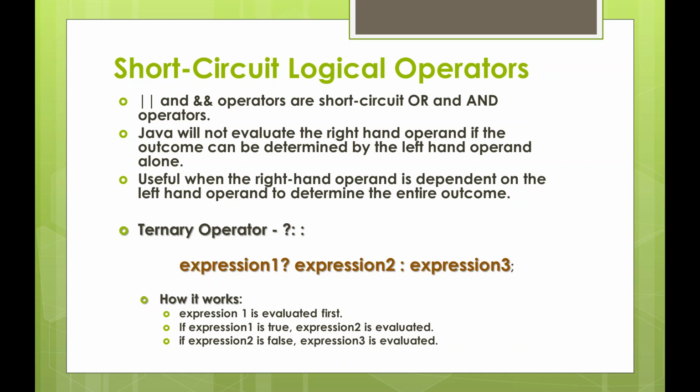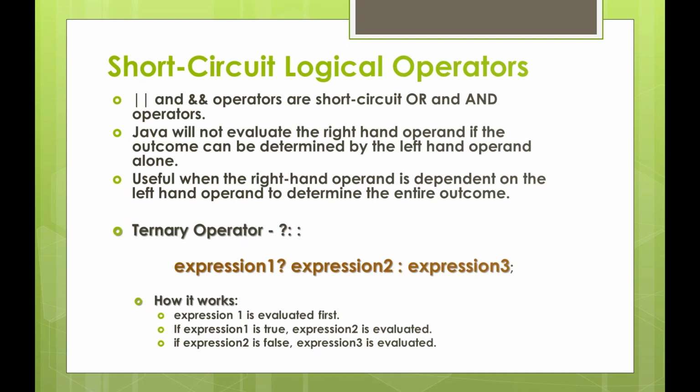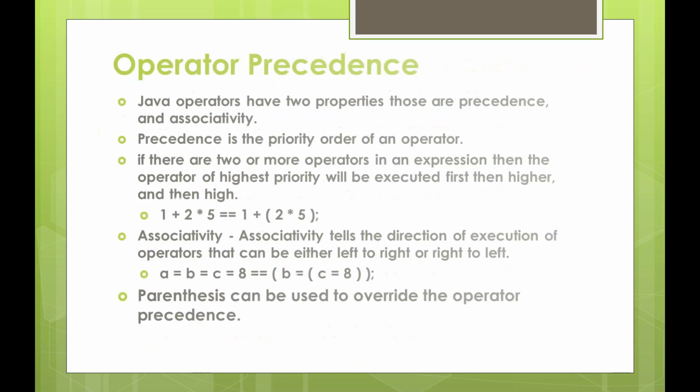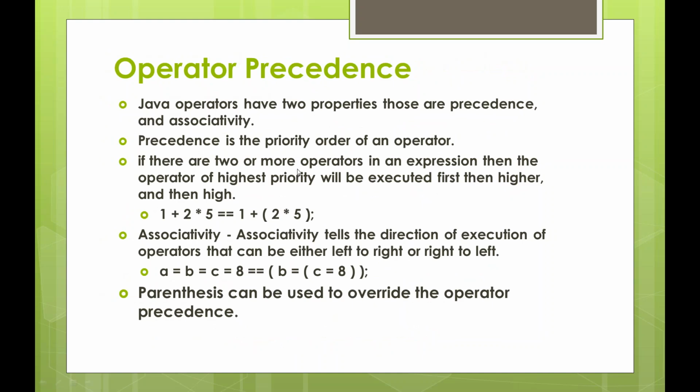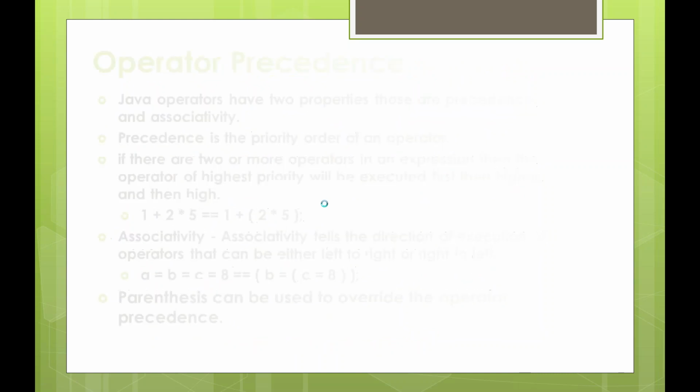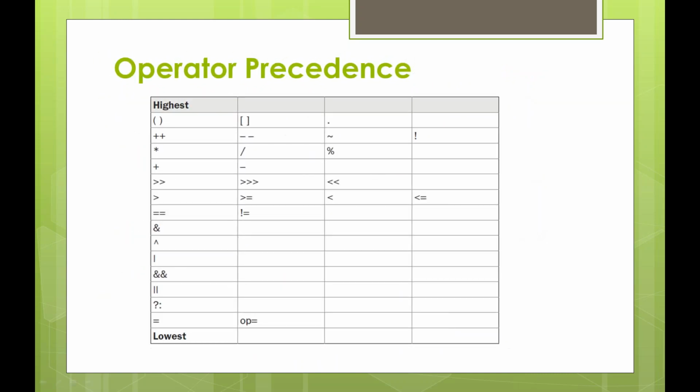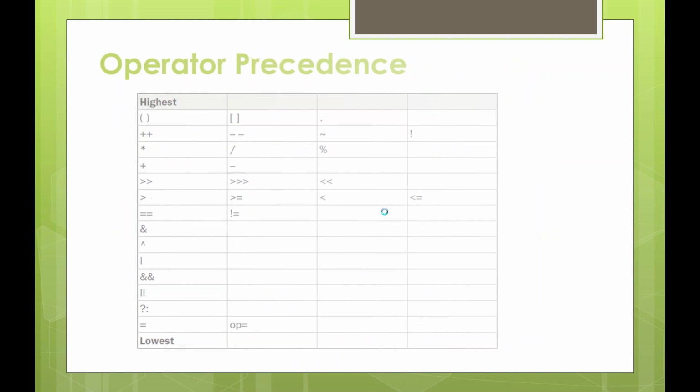Okay, so I think I'll wind up the call now. Next class we will see operator precedence, and then the bitwise operators. We will see how negative numbers are stored and evaluated in Java.